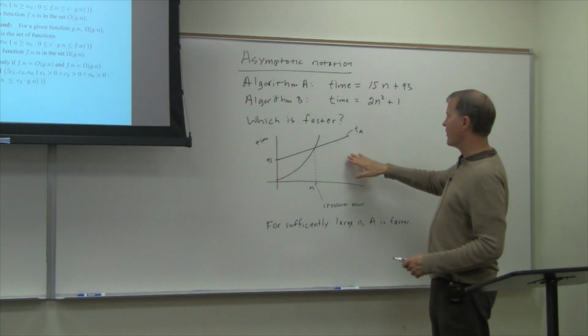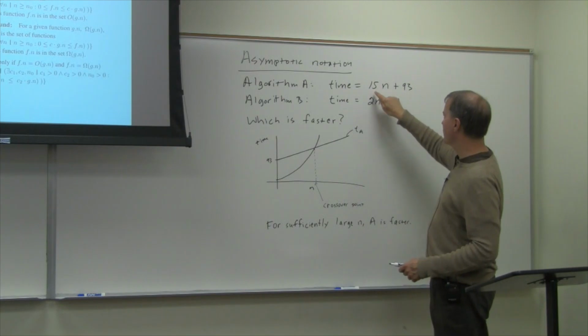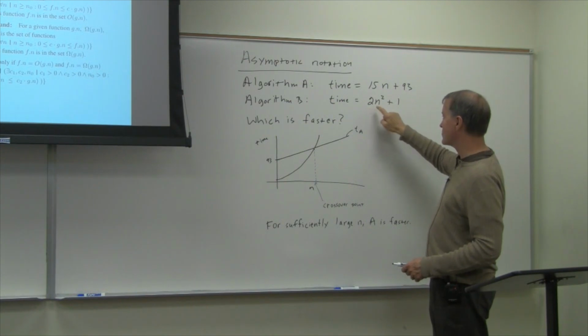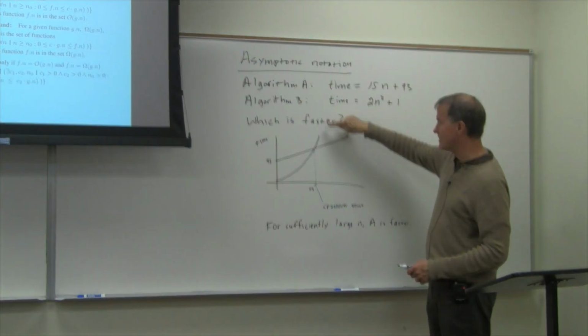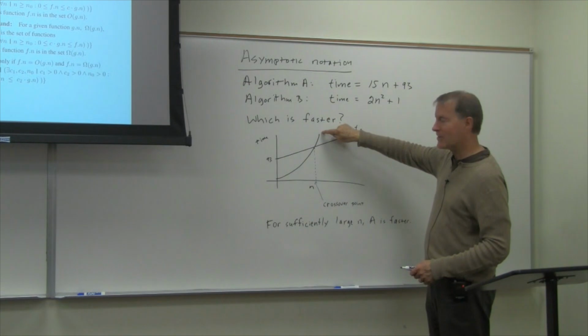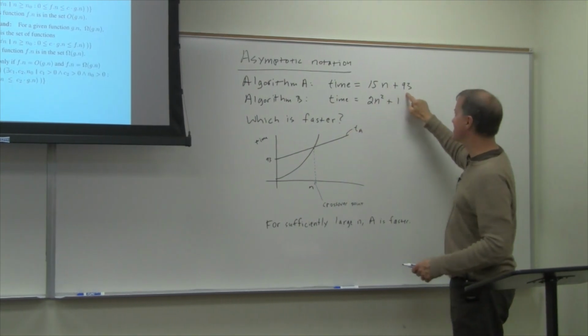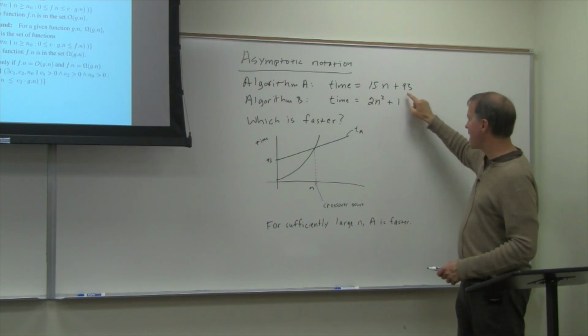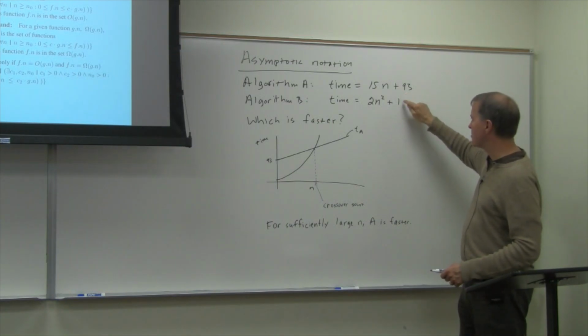And one little thing that we learned here is that even though this is a 15 and this is a 2, and 15 is greater than 2, still for sufficiently large n, this one is going to overcome this one. And even though this is 93 and this is 1, it's not as important that 93 is so much bigger than 1.